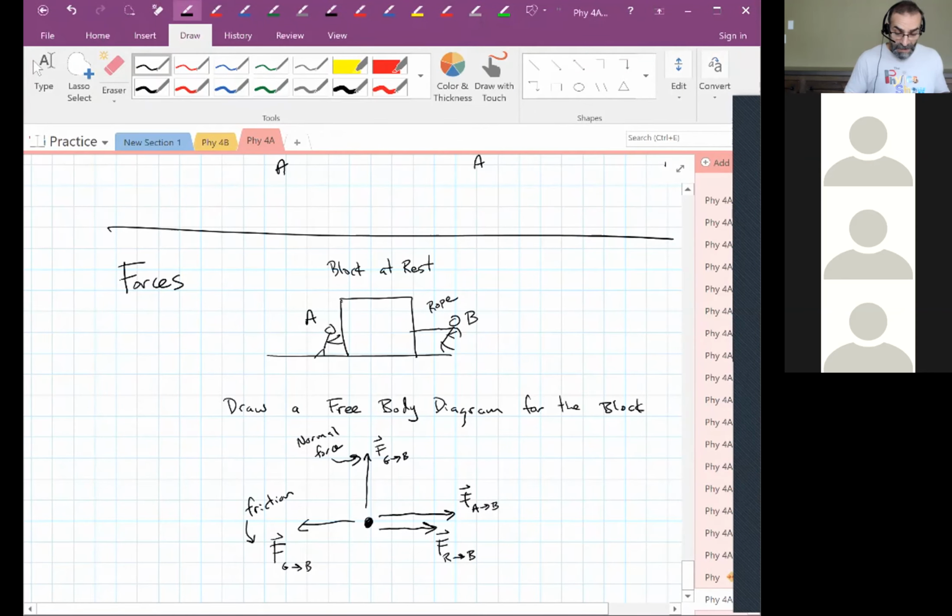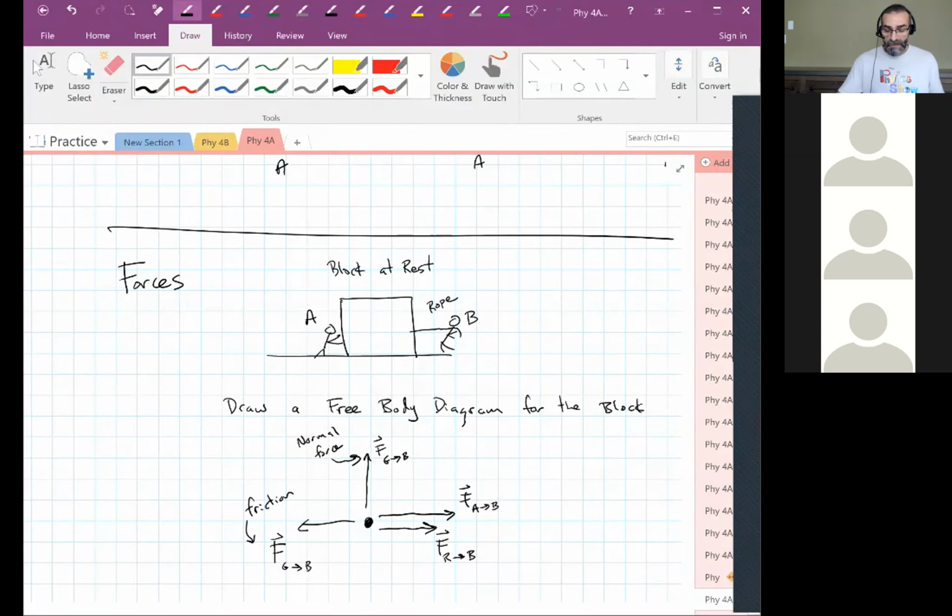Okay, so that's everything that's touching our block. What can reach in from a distance and exert a force on something? There's only one force that we're going to learn this quarter that can reach in from a distance and exert a force on something without touching it, and that's gravity.